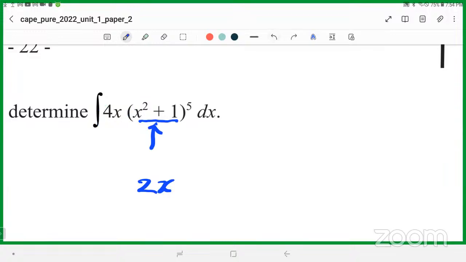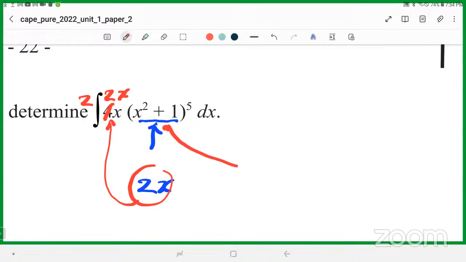Because I see this 4x here, it can be factored to get back 2x and put 2 out there. So whenever the expression within, because this is on a power, whenever the differential of it, which is 2x, exists as a multiplier, then a substitution to make is u equals the expression within. U equals x squared plus 1 is the substitution to make.